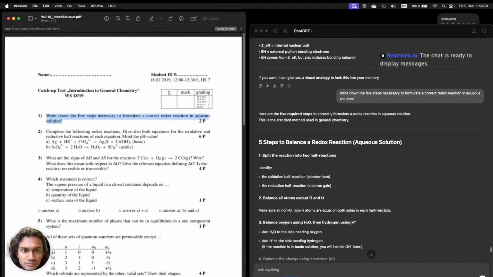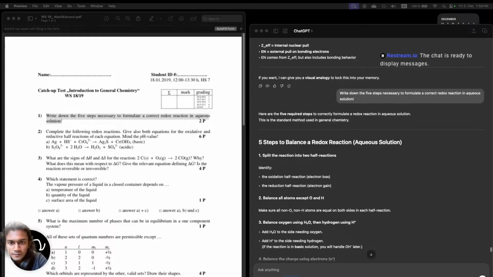What? Oh no, that's too big. Periodic table of friends and elements.